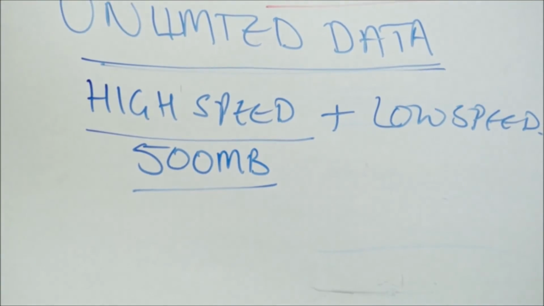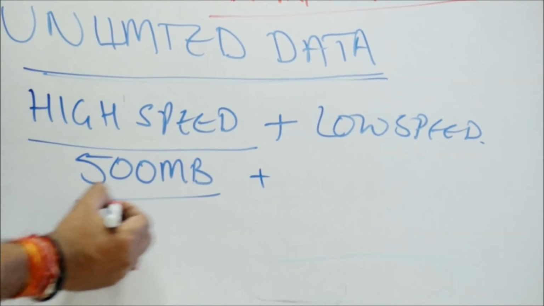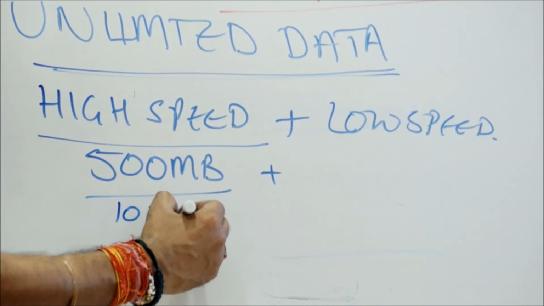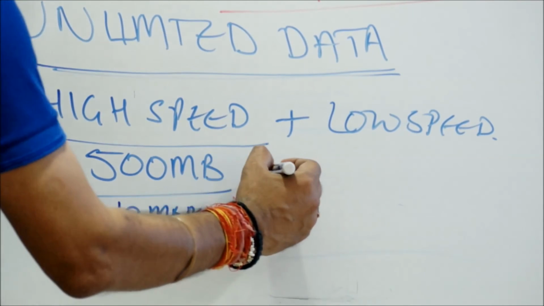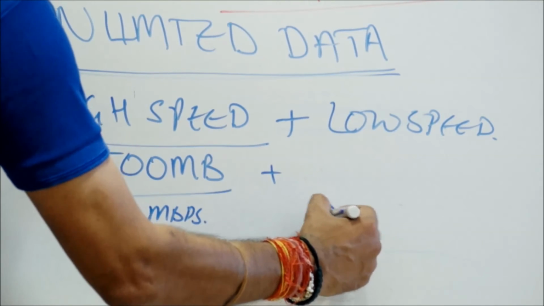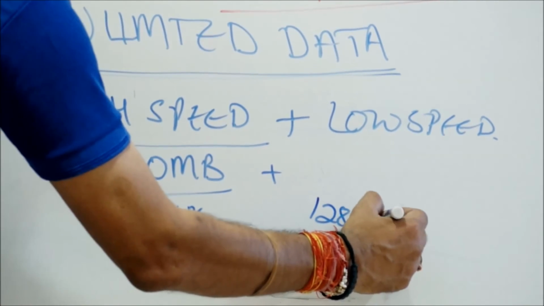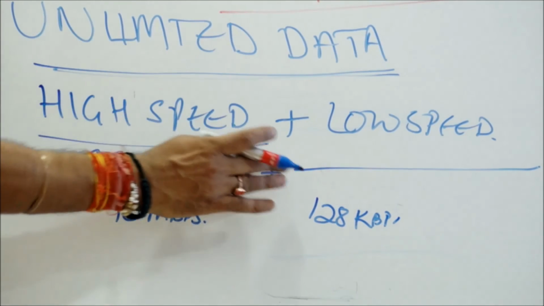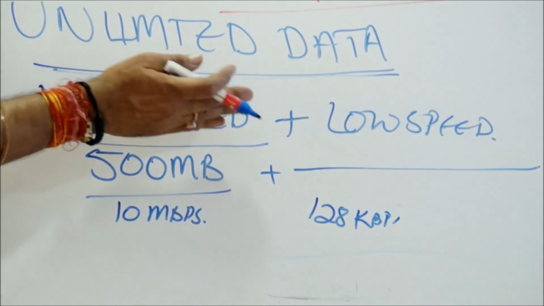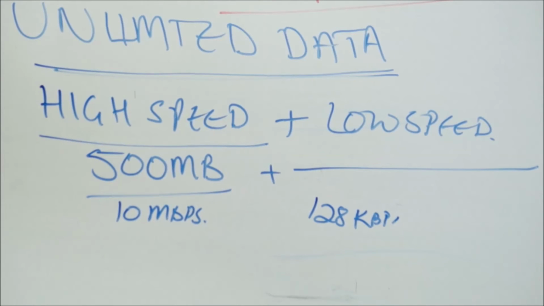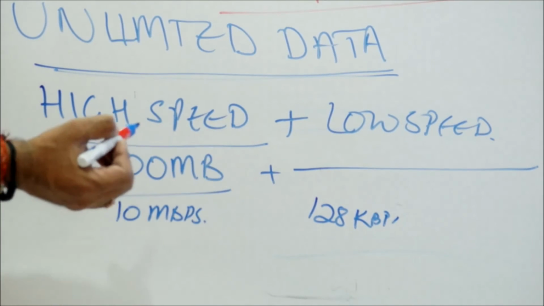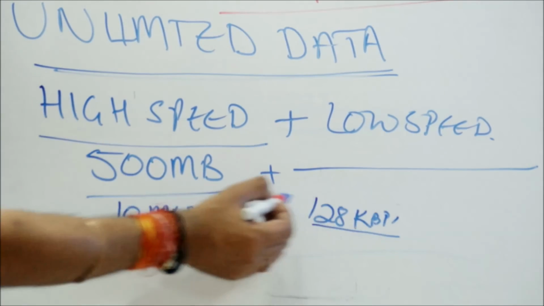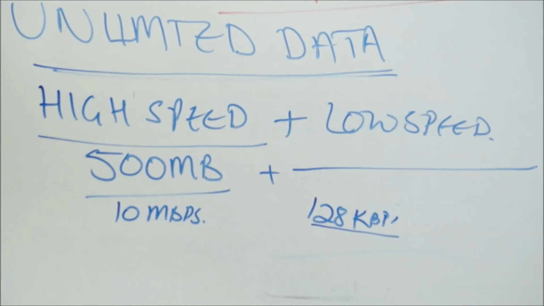For this 500 MB, it will work maybe up to 10 Mbps, but post this, it will work at about 128 kbps, and it will keep on going. But you will not be charged from the main account. So it is as if light has gone, and then your inverter is working. So inverter, there are certain equipments which will work, but your AC will not work, your major equipment. So the speed is slow, but your main account is not being charged.